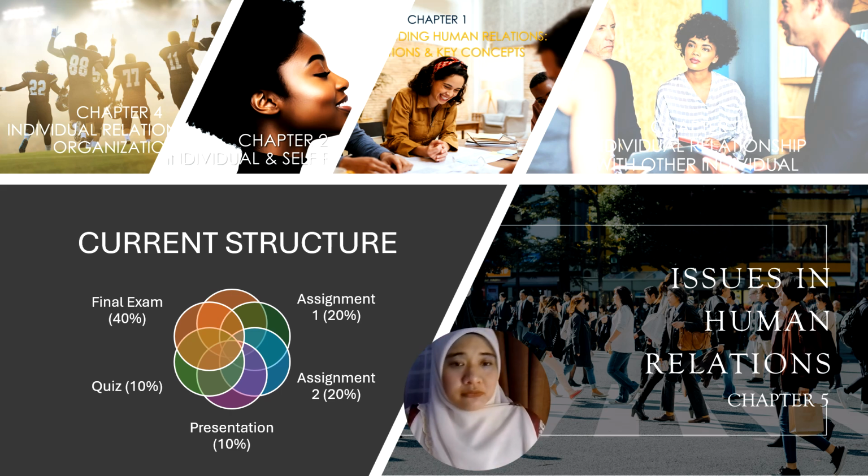Last but not least, Chapter 5, on issues in human relations, includes diversity and differences, change management and organizational culture, globalization, how to handle problems and complaints, as well as creativity in decision making and problem solving. So you can see the topics range from self-concept and motivation to leadership, communication, diversity, globalization, and other critical thinking in terms of problem solving and creative thinking.